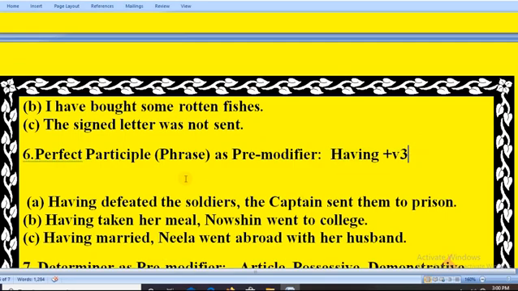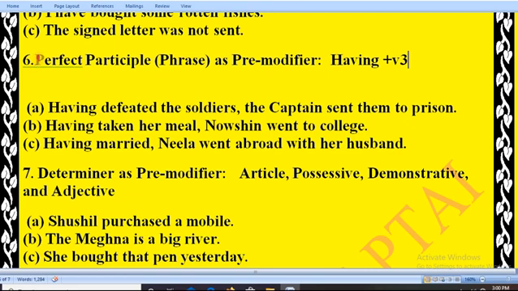Having plus B3, right? So this type of instruction will be included in your question paper. Perfect participle as pre-modifier. That means you have to understand perfect participle means having plus B3. Phrase means here you have to add some words. Having defeated the soldiers.